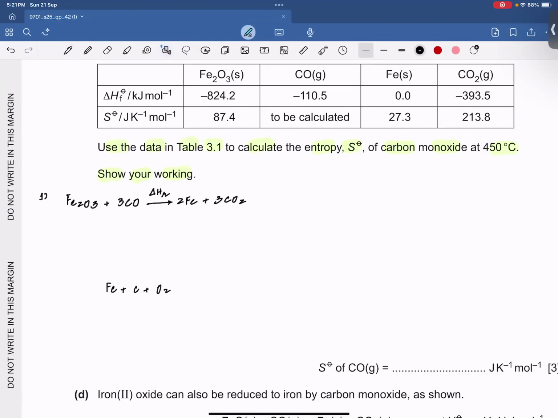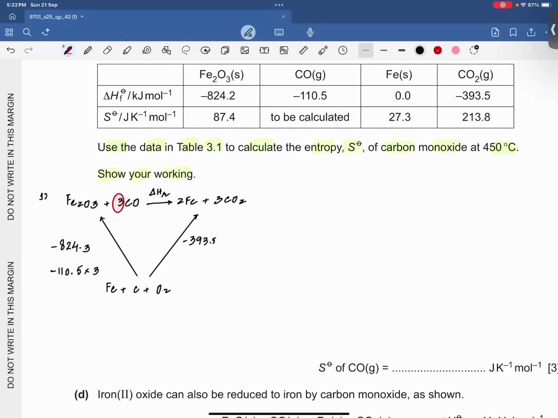And obviously the arrow needs to be upward. Now Fe2O3 has a value of minus 824.3. Carbon monoxide has a value of minus 110.5. I need to multiply this value by 3 because this equation has 3 moles. Now carbon dioxide has a value of minus 393.5.